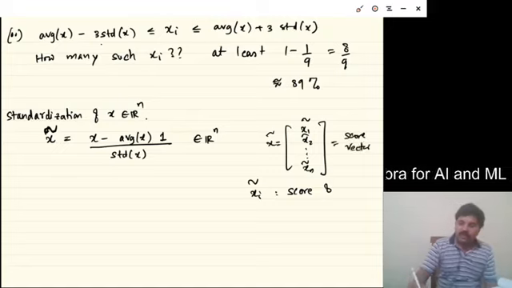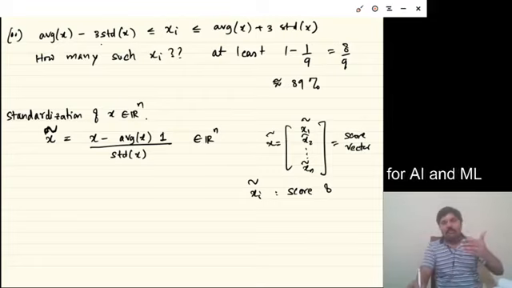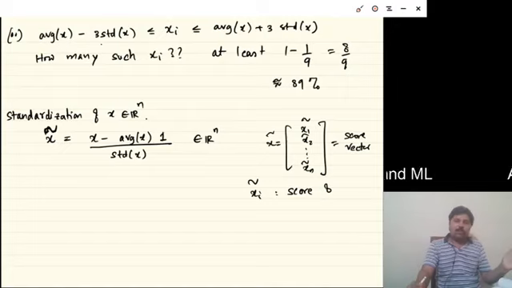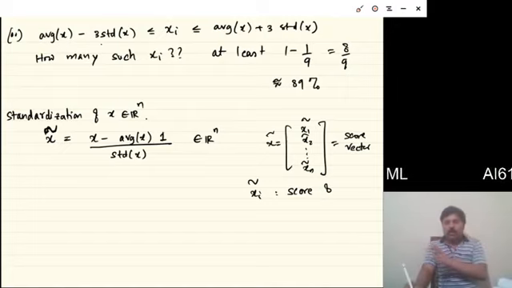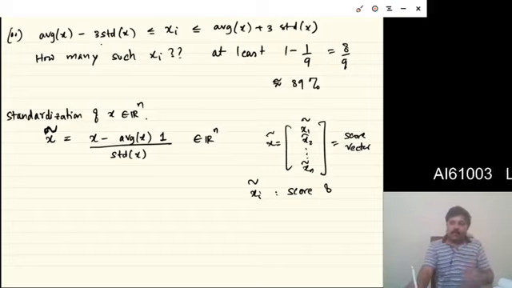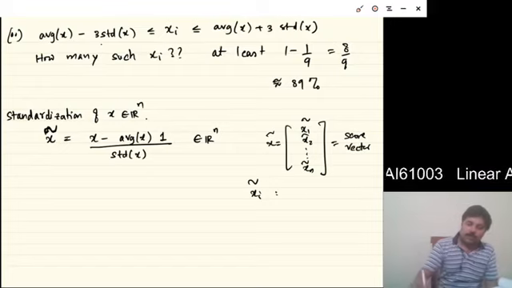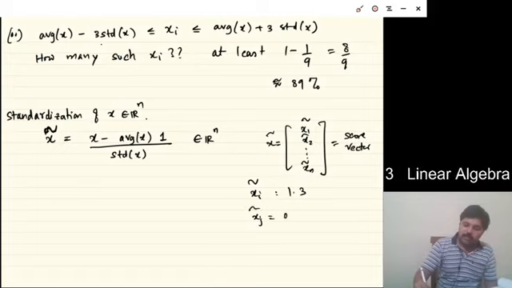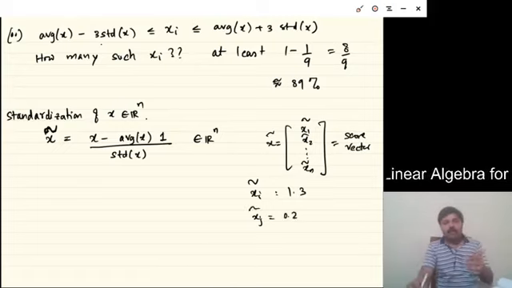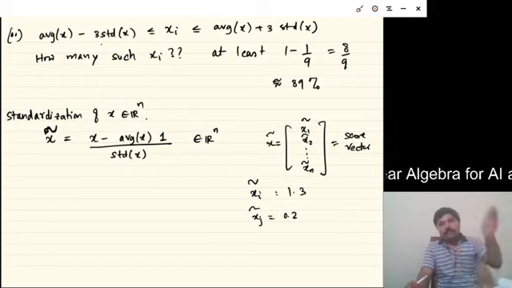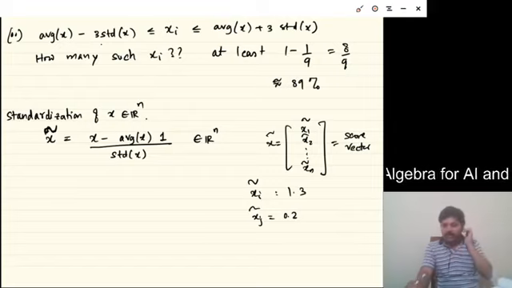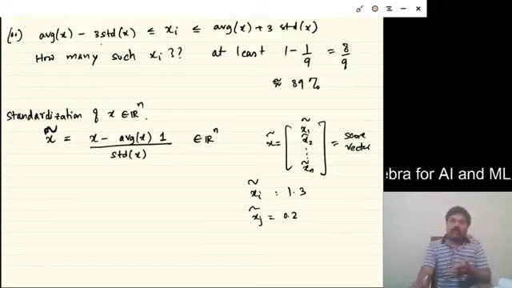And what is this xi tilde telling you? Xi tilde is telling you, with a positive or negative sign, whether it is less than the typical value or greater than the typical value, and by how much, because you are dividing by the standard deviation. So if a certain xi tilde is say 1.3 and some xj tilde is 0.2, then you can say that the value xj is closer to the mean than value xi in the original vector x, and these are actually the proportions.